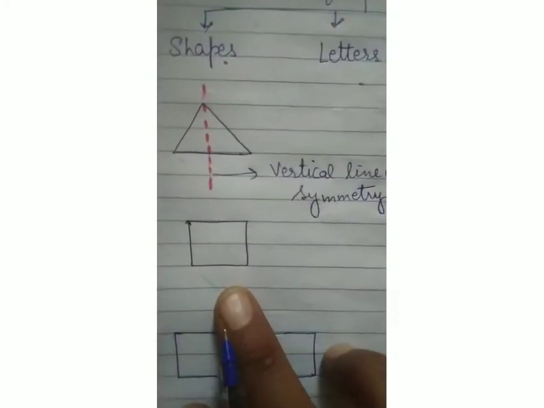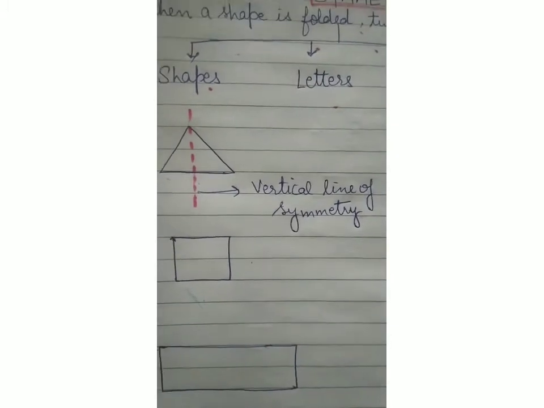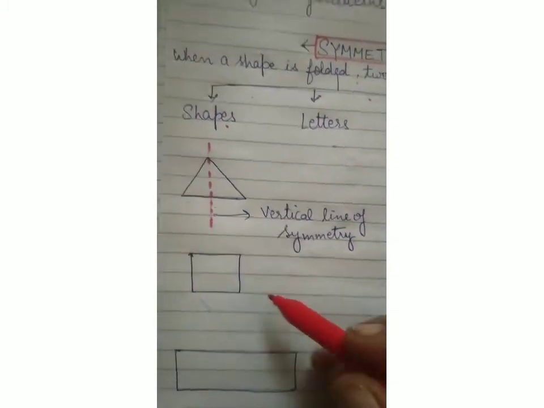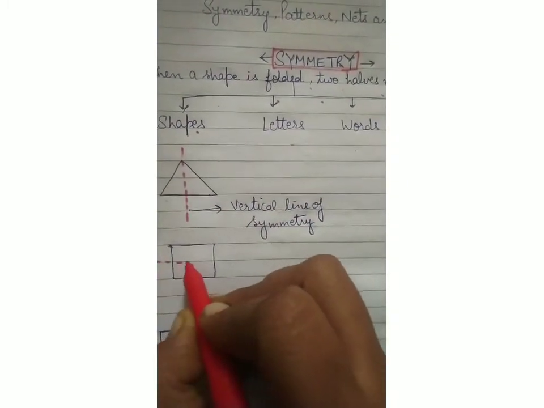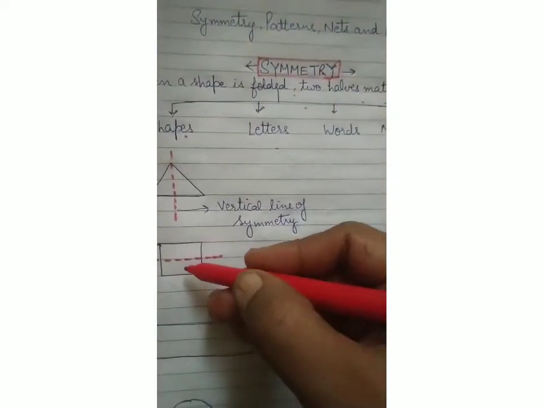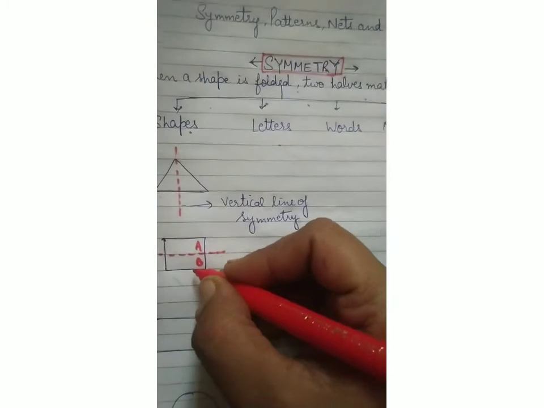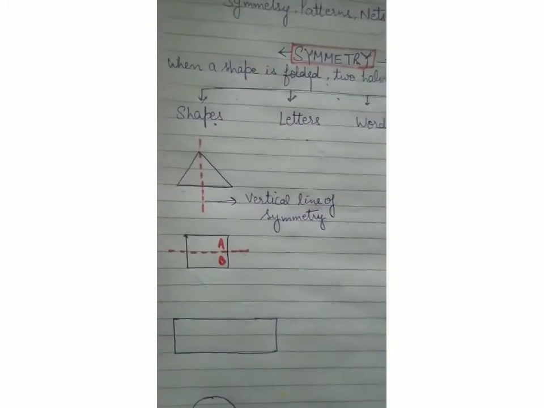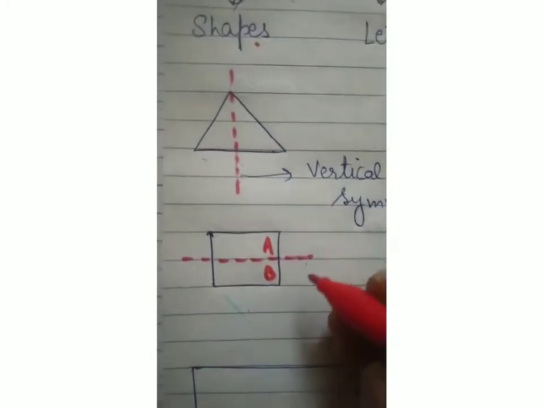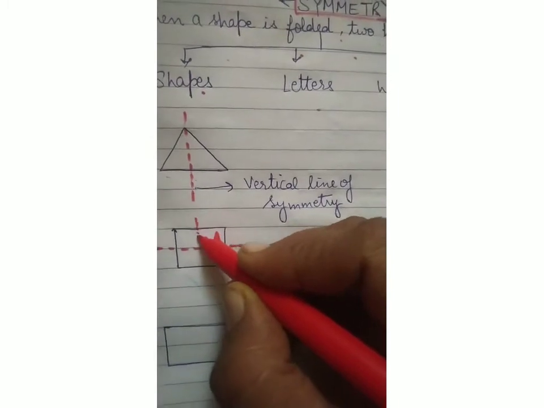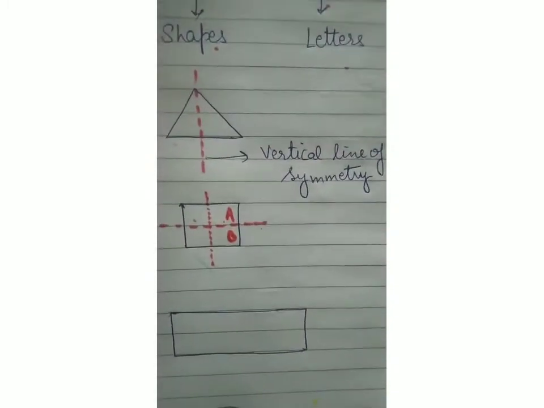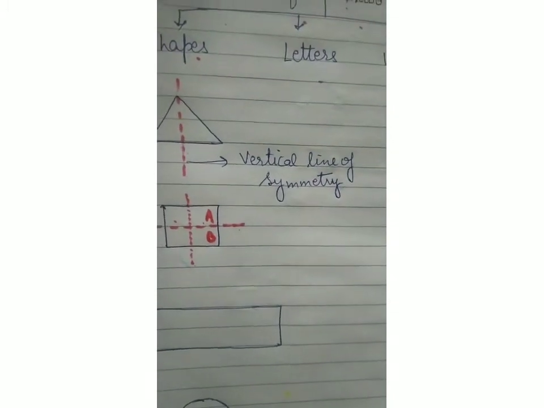Now here, this is a square. In this square, if you draw the line like this, then this half A can be folded on this half B perfectly. Okay? And if I draw the symmetrical line like this, then also this part can overlap this part perfectly.